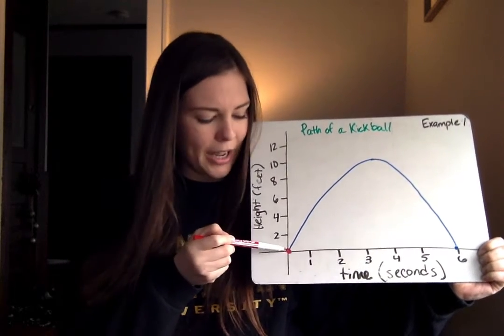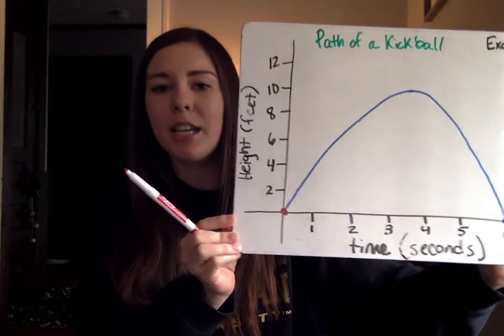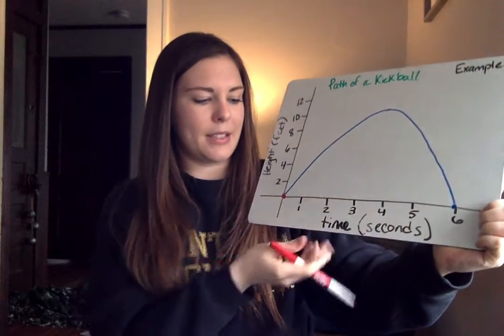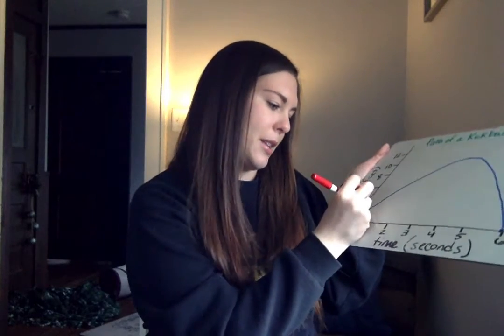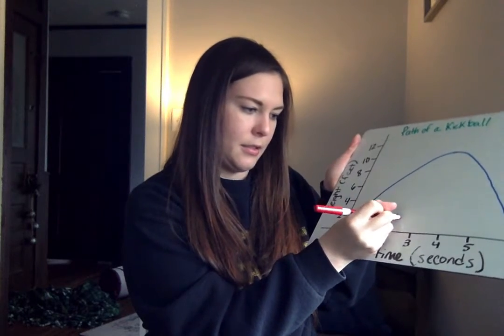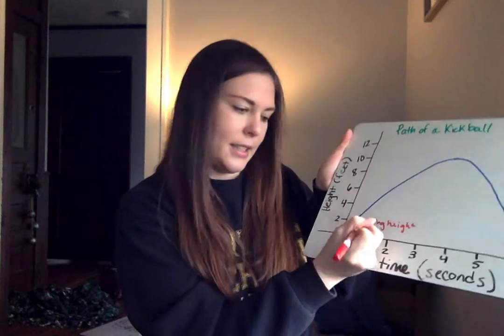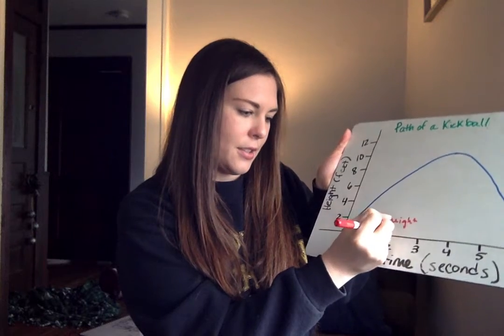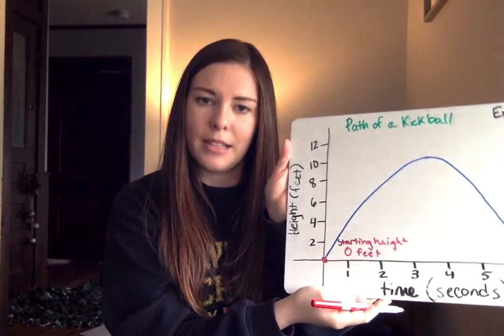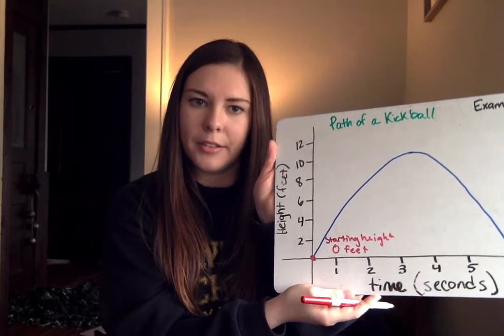It is also at a height of 0. That means that our kickball is starting on the ground. So we could say that our starting height is 0 feet. So at 0 seconds, we are 0 feet in the air, right?